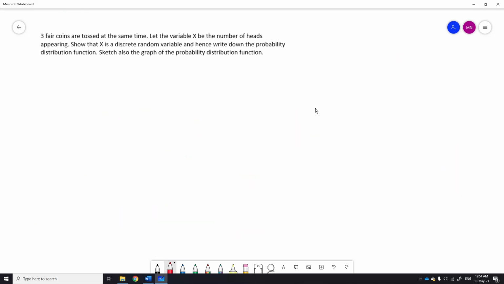Okay, next question. We have 3 fair coins are tossed at the same time. Let the variable x be the number of heads appearing. Okay, mention the random variable x equal to number of heads appearing.